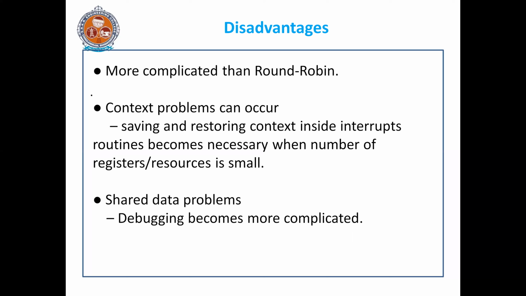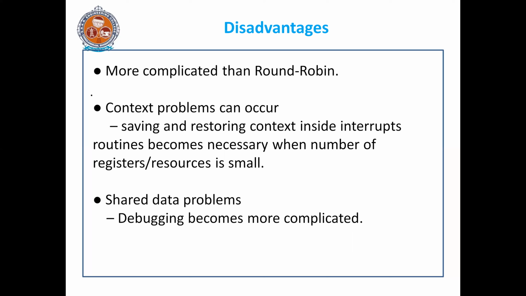So suppose the registers or resources are small enough, then the context switching may be somewhat of a major problem. And also whenever we have these context switchings between the tasks or interrupt routines, we definitely have the shared data problem, because the data may be shared between the different routines.